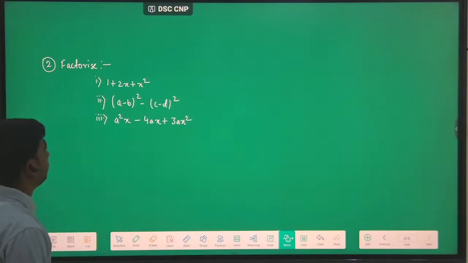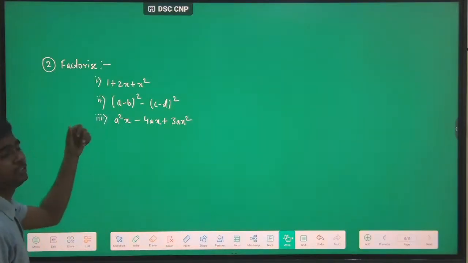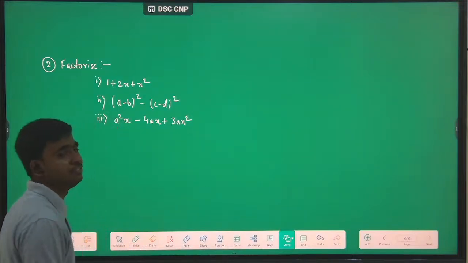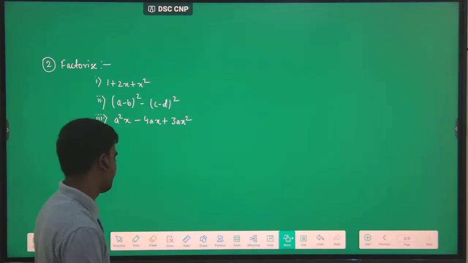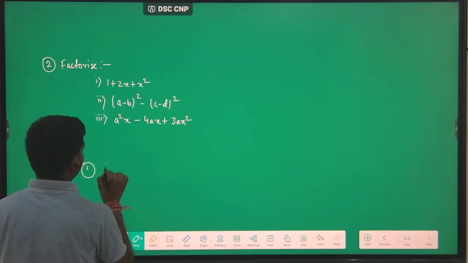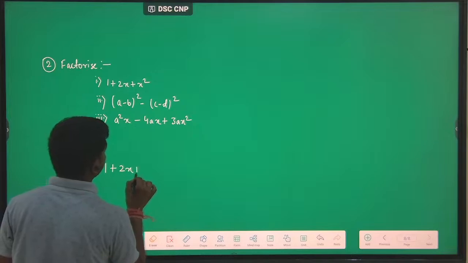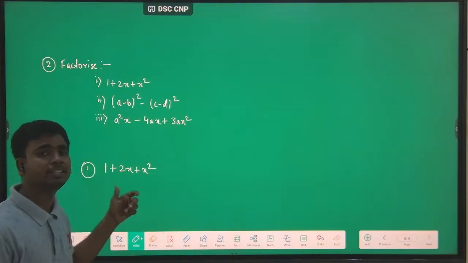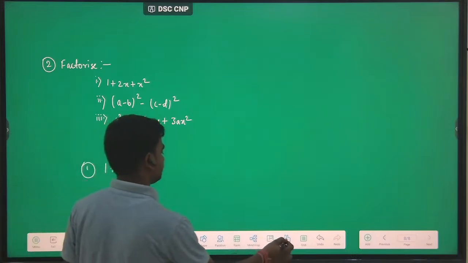Now we are going to factorize these three questions by using the identities which we have learned. So our first question is we have to factorize 1 plus 2x plus x square.